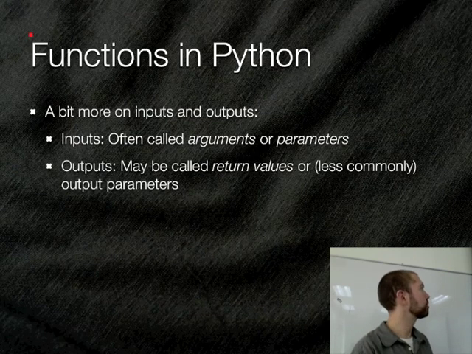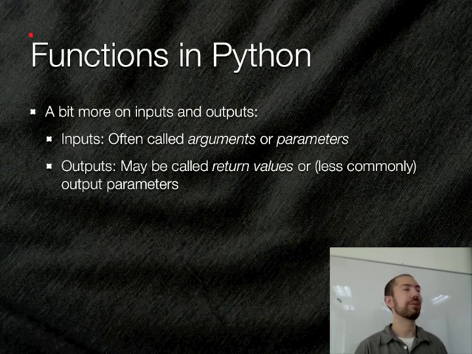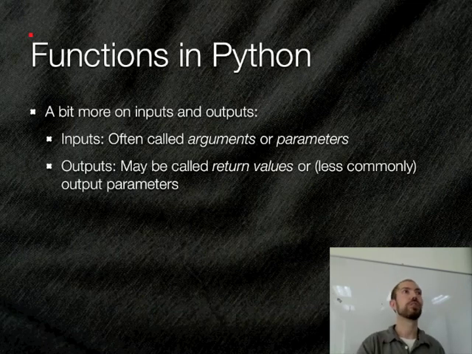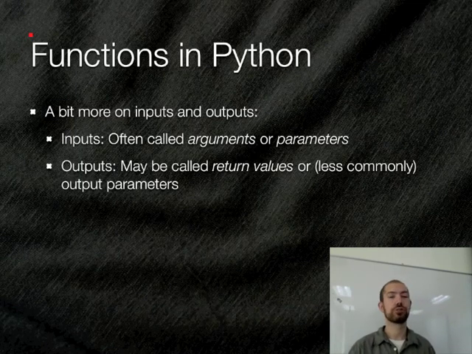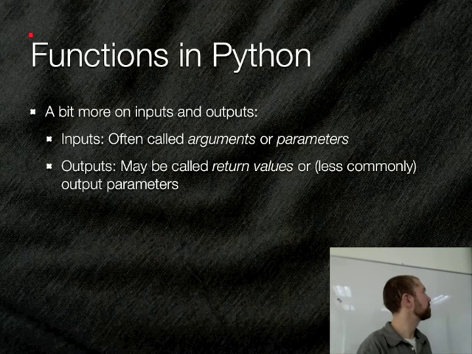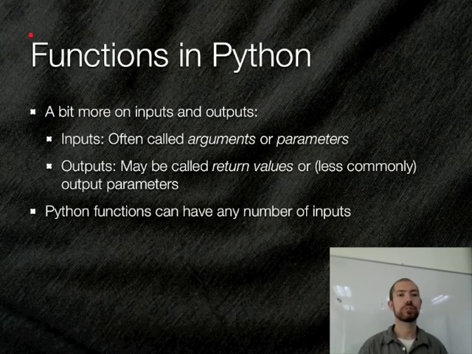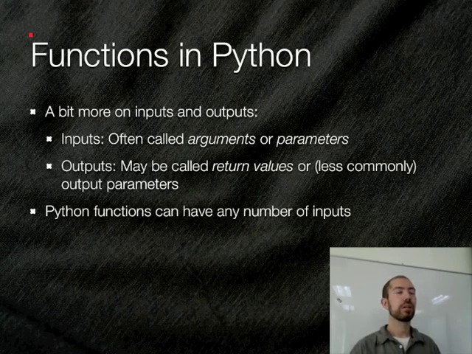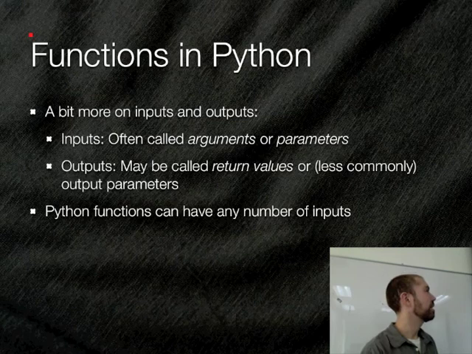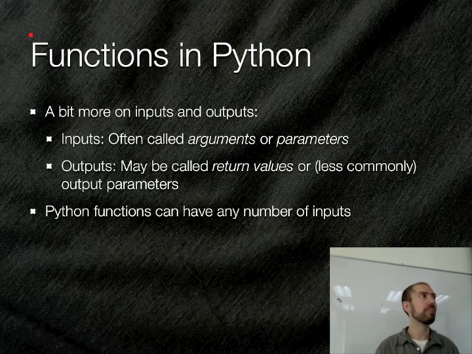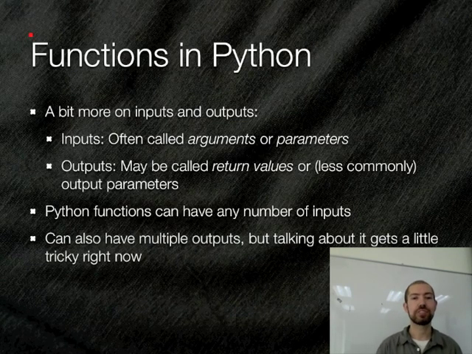Outputs, you might also see them called return values, and you'll see why, but basically it's a value that is returned to whatever script called the function. Or sometimes you see them called output parameters, but we'll just usually say inputs and outputs. And a few other notes about them. You can give a function any number of inputs. I mean, it has to know what to do with those inputs, but there's no limit on how many inputs a function can ask for.